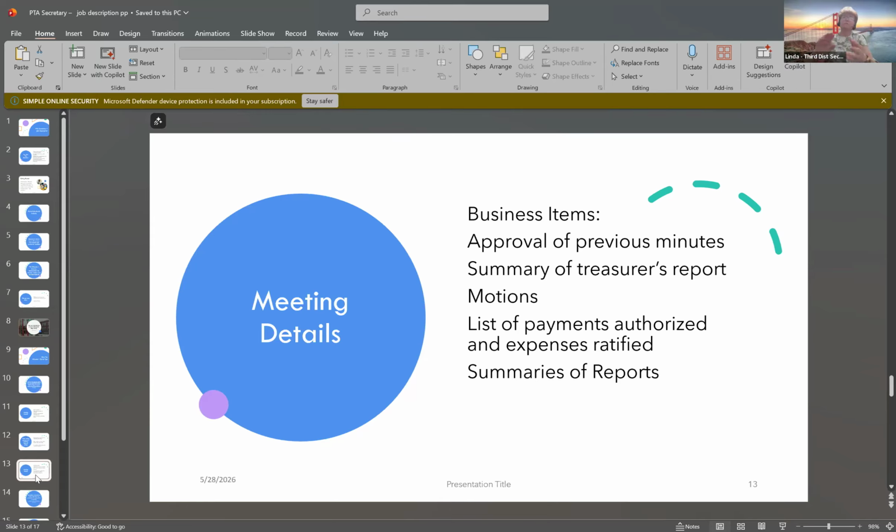the funds for PTA membership treats, back to school night. Maybe you decided, and you put in your budget, to spend $150 on popsicles for back to school night.